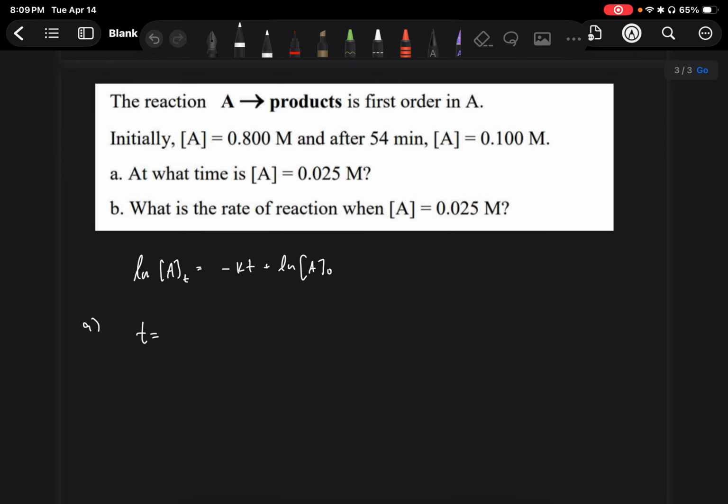T is equal to ln. Remember to flip the sign. I believe that's right, if I'm not mistaken. Oh wait, we're not trying to find time right now. We're trying to find K. Whoa, am I dumb? K times 1 over T. So now let's just substitute this in and find K.